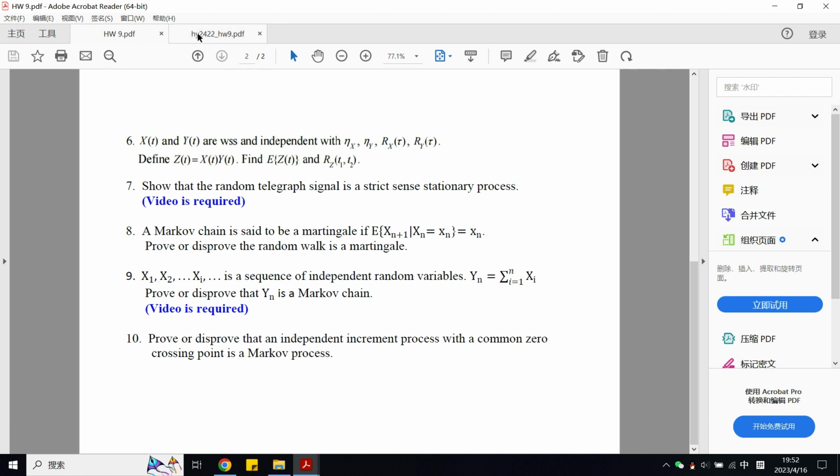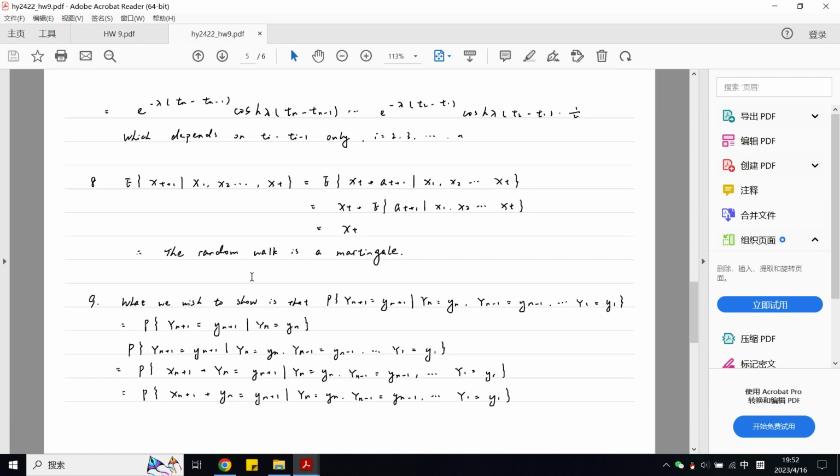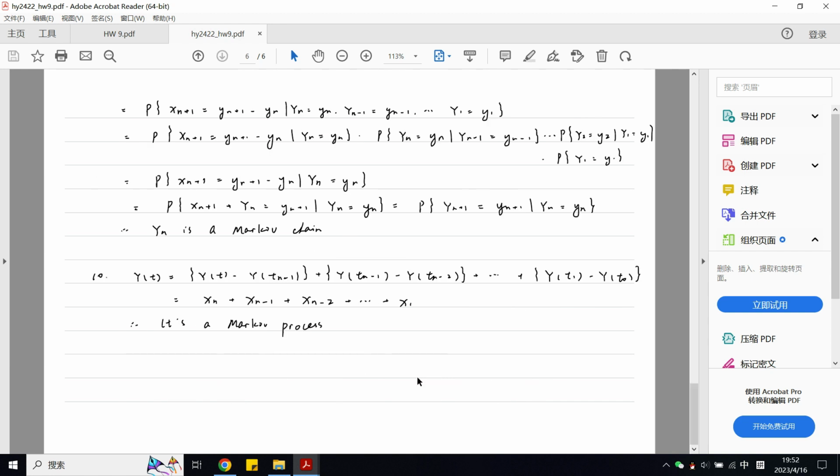So yn+1 equals yn plus xn+1. So these two terms are the same. So we can get the probability that xn+1 plus yn equals yn+1 given yn equals yn, yn-1 equals yn-1, and y1 equals y1.